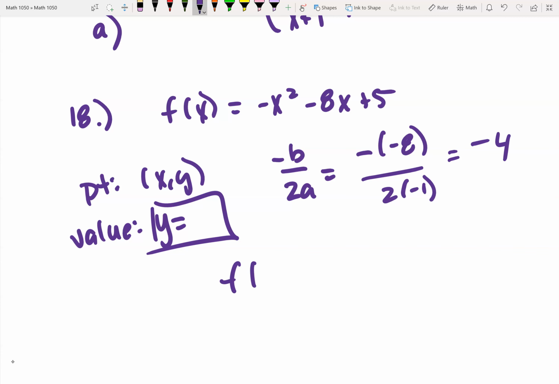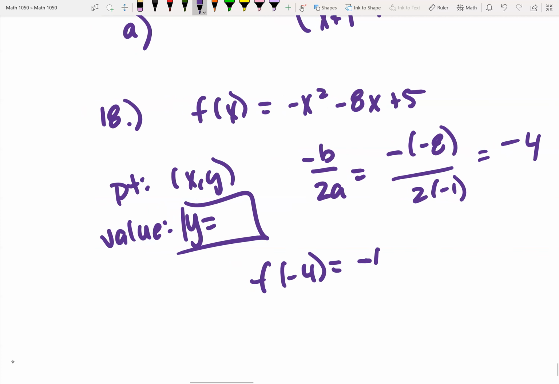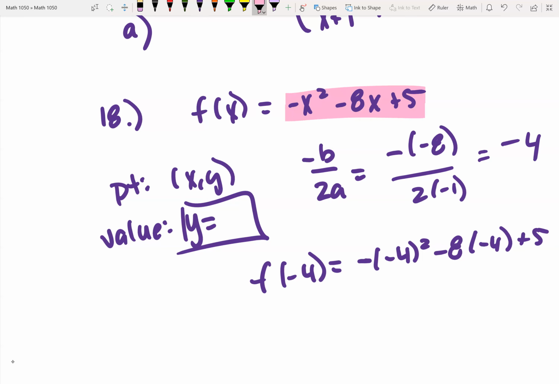They want the y. So now you have to go f of negative 4 is negative times negative 4 squared minus 8 times negative 4 plus 5. A ton of the time I do this, I would take that negative 4 and store it, especially on this problem, because of all these negatives. Some of you are going to say a negative times a negative is a positive, so the second is 16.